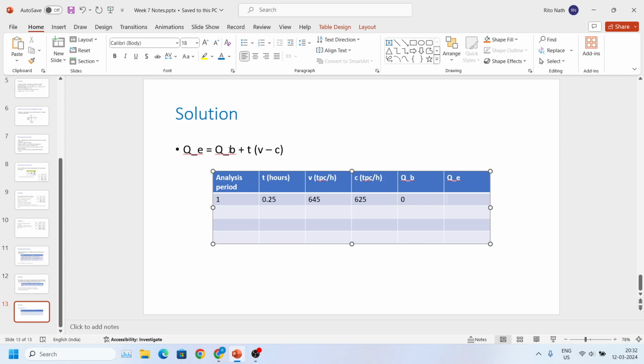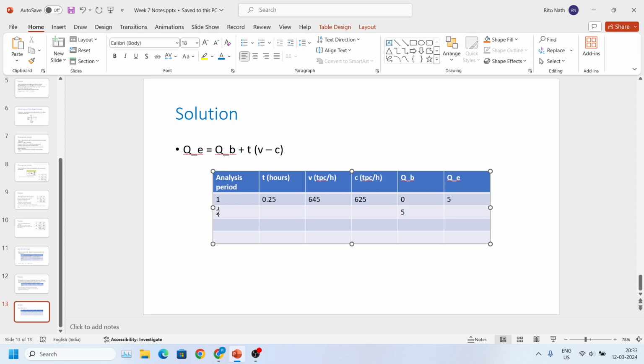Your V is higher than the capacity, so that's 20 this part. It's 20 times 0.25 and this becomes 5. Now this 5 will become the QB for the next part, because this is related to the unmet demand, which is the QB term.